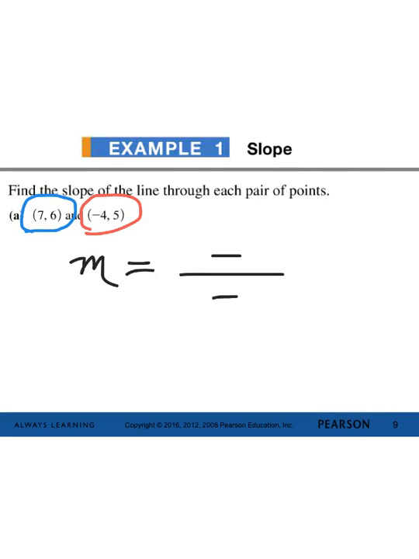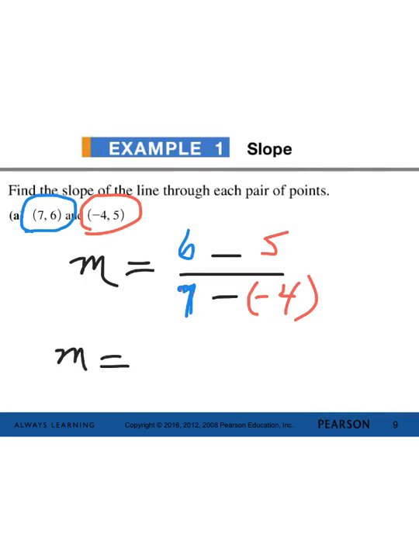So the point 7, 6: 7 is the x value, 6 is its y value. And similarly, the point negative 4, 5: negative 4 is the x value, and 5 is the y value. And of course, when we subtract a negative, that's going to change the way the math actually comes out.